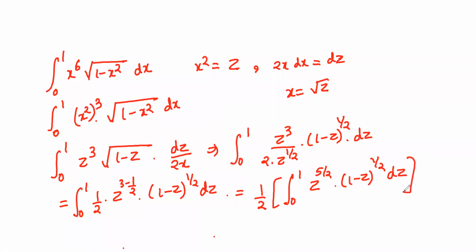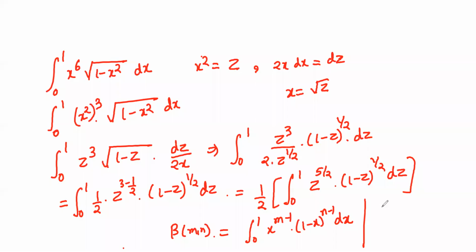As we know, beta m n is 0 to 1 x raised to m minus 1, and 1 minus x raised to n minus 1 dx. So this is beta m n. Compare it and find out the values of m and n.